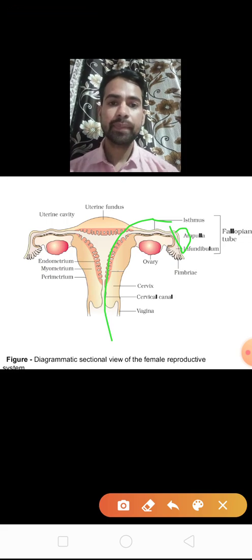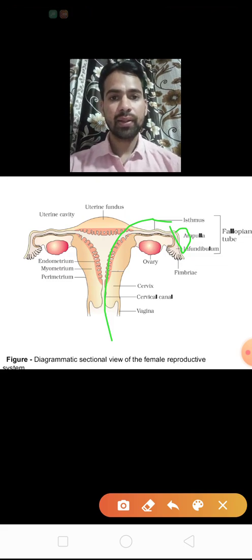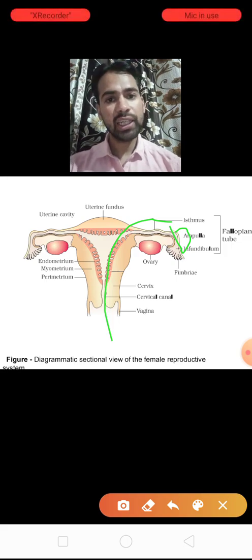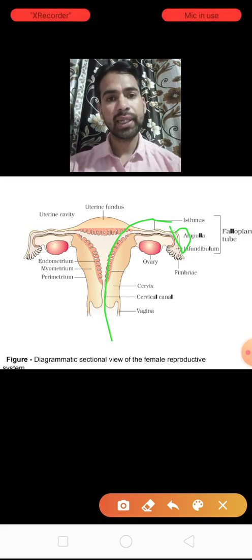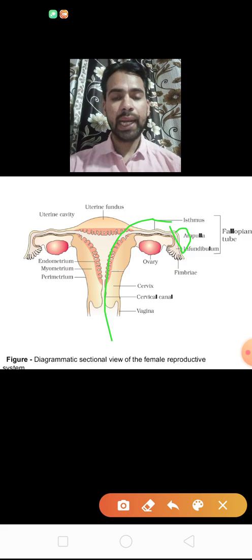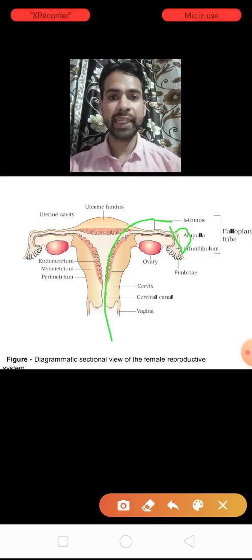Due to that, when sperms do not reach the egg, the hormone progesterone level goes down and the endometrium layer of the uterus breaks, and along with the egg it is released from the vagina.